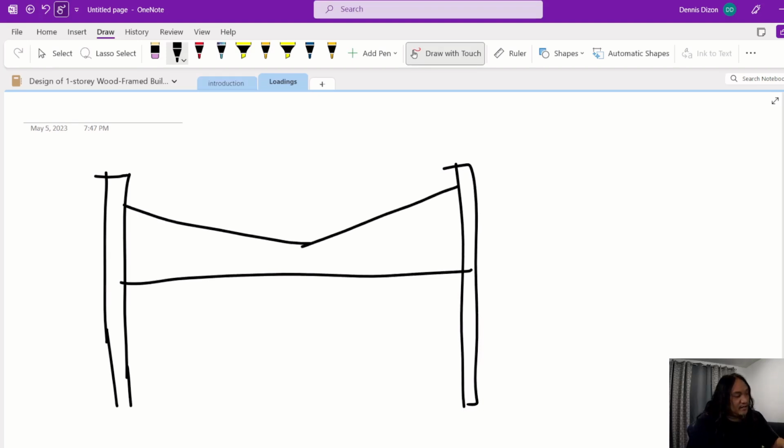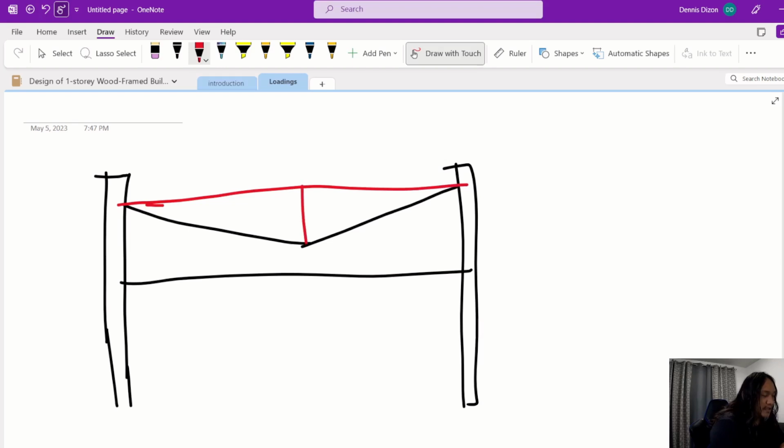So the truss is already deflected by 6 inches or 4 inches, and then you also have the change in elevation of 6 inches. Therefore, this height is 10 inches, right?